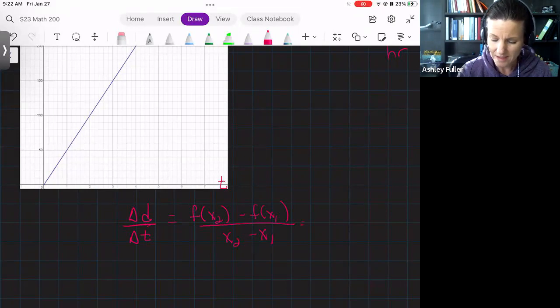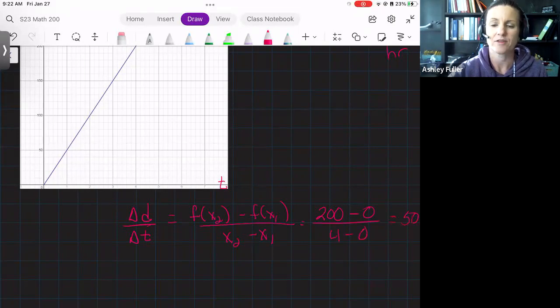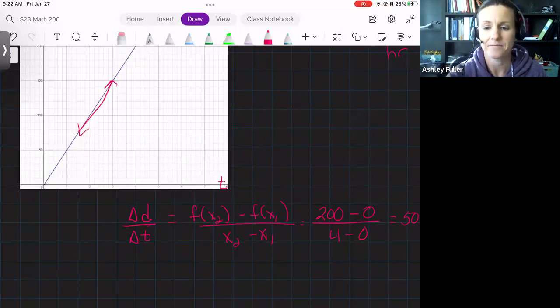So in this case, the distance when x is 4 hours is a distance of 200. Our starting distance was 0, and our time was 4 minus 0, for, again, an average speed of 50 miles per hour. Note, this is the slope of this line.